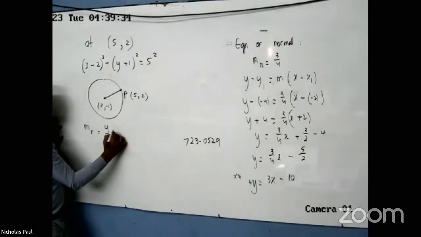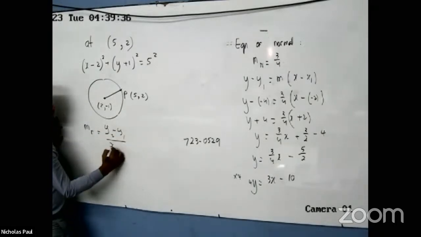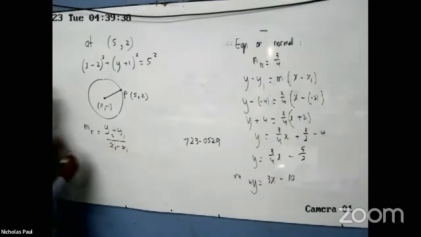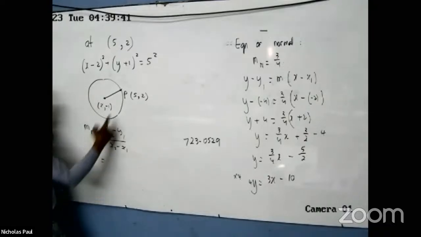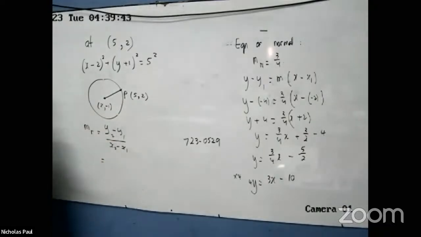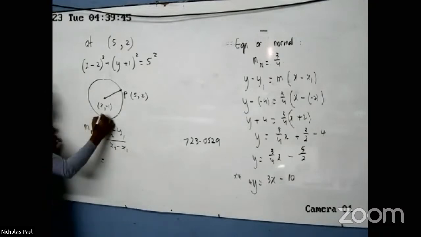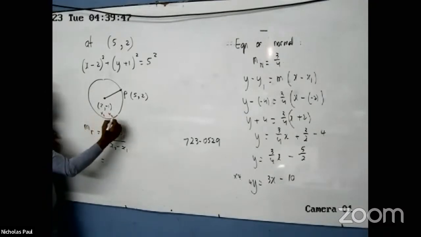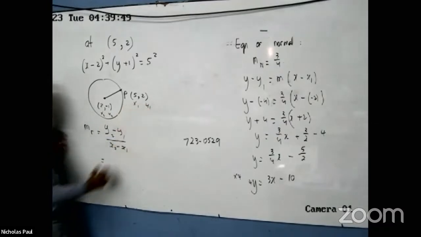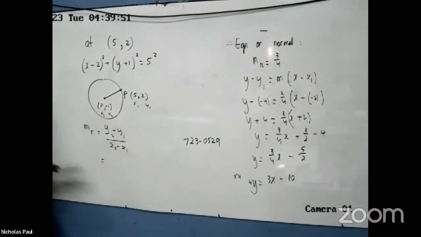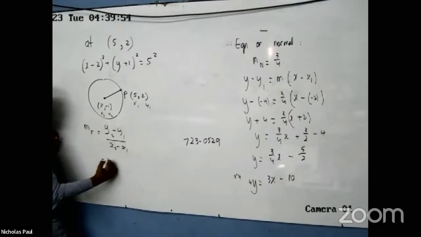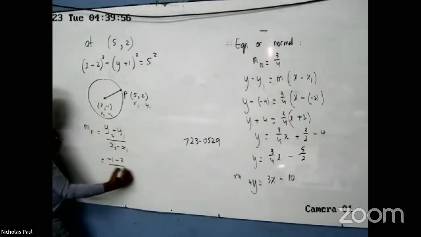All right, let's just see what you got. So I don't get confused, I choose this here as x2, y2, and here x1, y1. That's okay, so you don't get confused. So this is -1 minus 2, all over 2 minus 5.